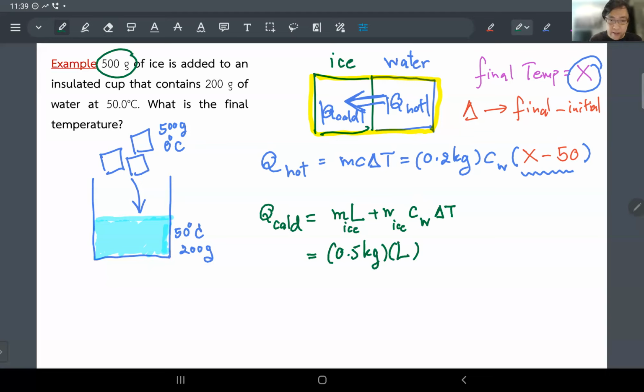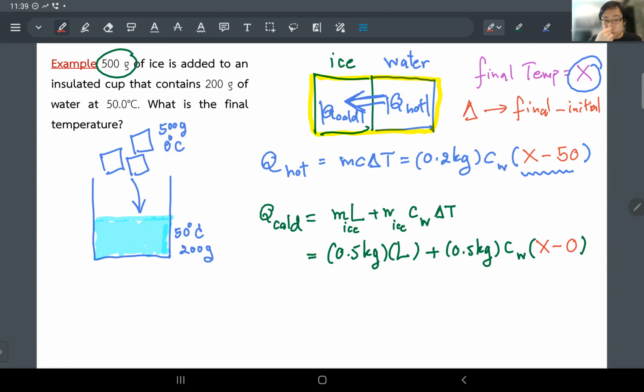That is fine. Let me put it there. Plus, now you already melted everything. You will have to raise the temperature of the liquid water at 0 degrees all the way to X. So I'm going to say it's still the mass of the ice, the same amount of liquid water that you're going to get. Now you times only C of the water because it's already in a liquid phase. What should we put here? Well, of course, because you start from 0 and end at X, it's going to be X minus 0. With me, guys?